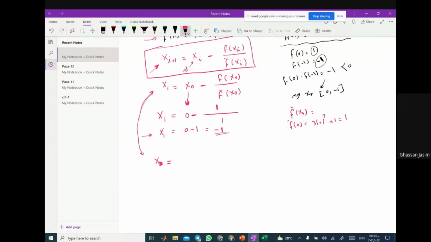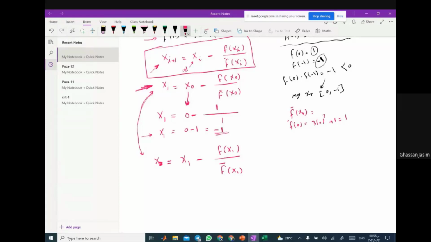Let's write the equation first. It will be x1 minus f of x1 over f dash of x1. It's easy.